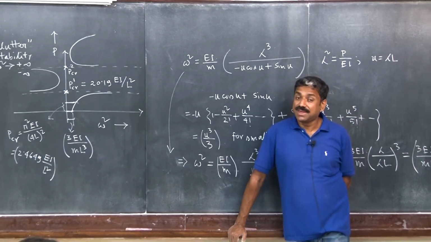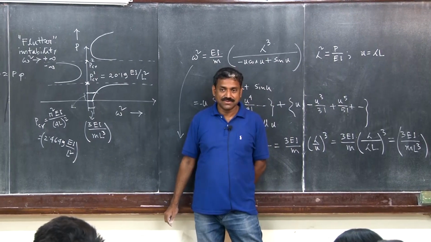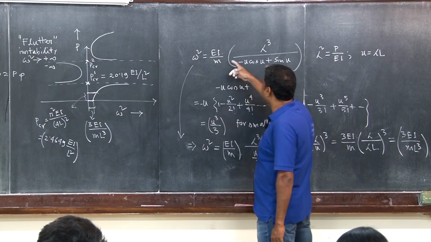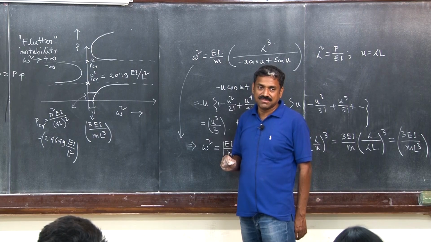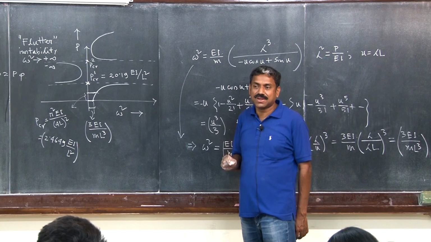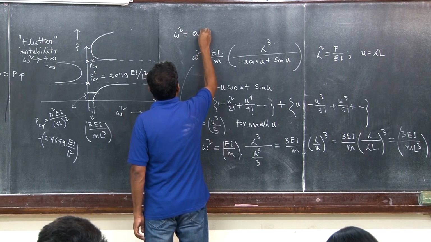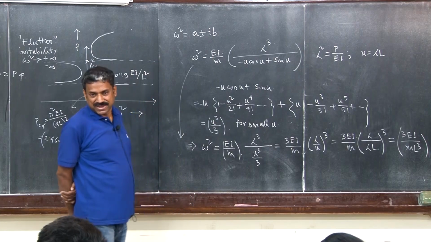There is no damping. If there were damping, it would never go to infinity, rather it would go to a very large value. And if there were little damping, omega would not be purely imaginary, it would have a complex value. So omega squared will be of the form a plus minus ib, if there were damping.